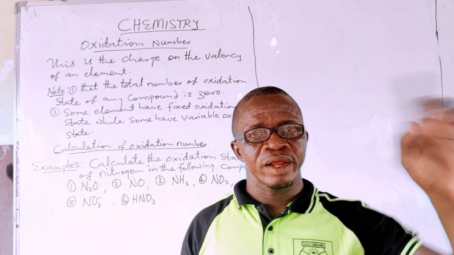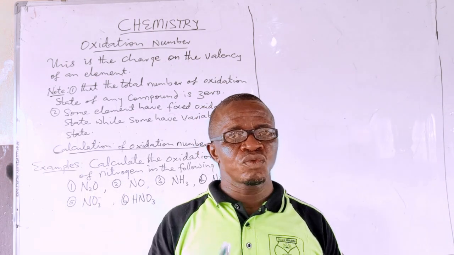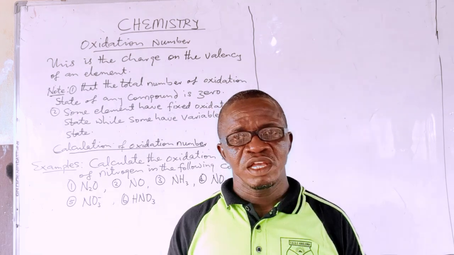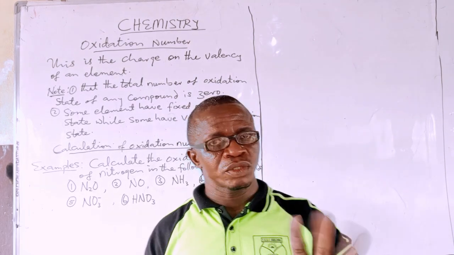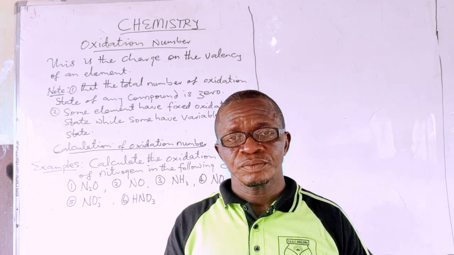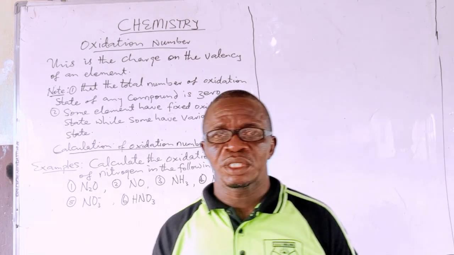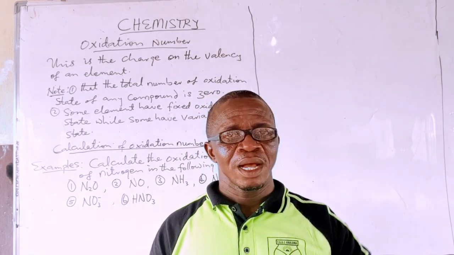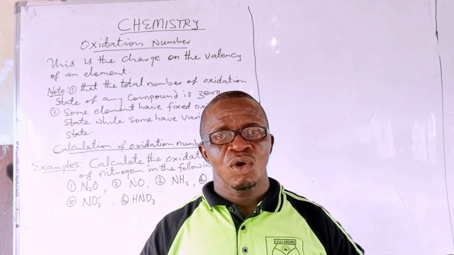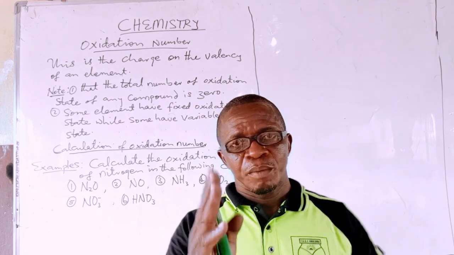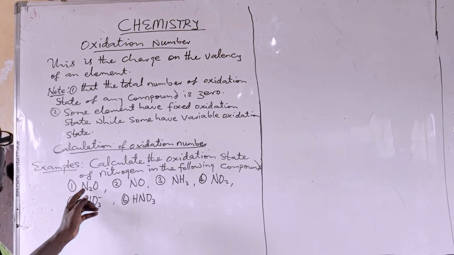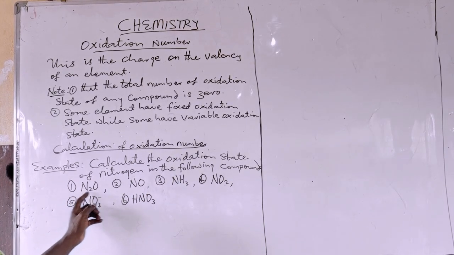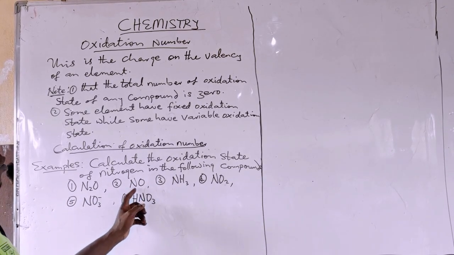When you give out, you carry plus. So the minus 2 that is coming in is the oxidation state of oxygen at all times. That one is fixed. But when you say nitrogen, for example, nitrogen has more than one oxidation state. By the time we calculate this, you will see that the oxidation state of nitrogen here will not be the same as that of this.